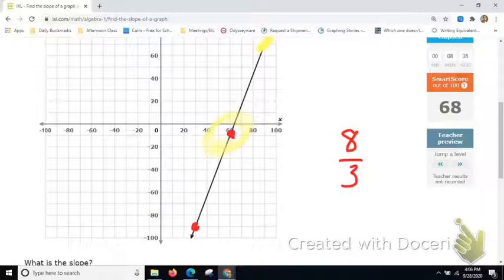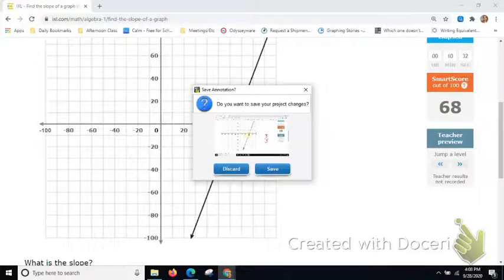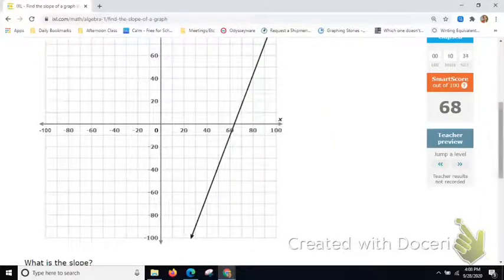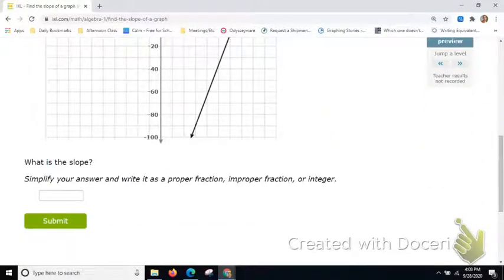If it seems really close, you might want to zoom in so you can see if it's really at the corner, or try plotting a second point, like carrying the slope on again, to see if it works, because that's how I knew that it did not work when I tried 4 over 1 or 3 over 1. So 8 over 3. And they don't want those as decimals, they want them as fractions, but the fractions should be reduced.